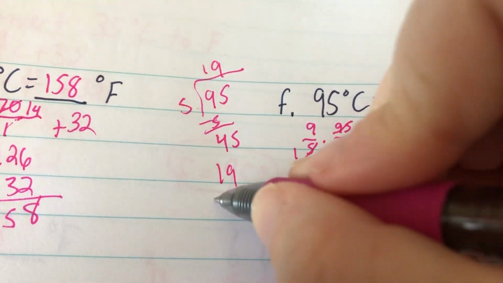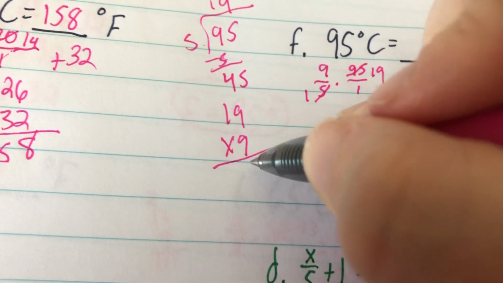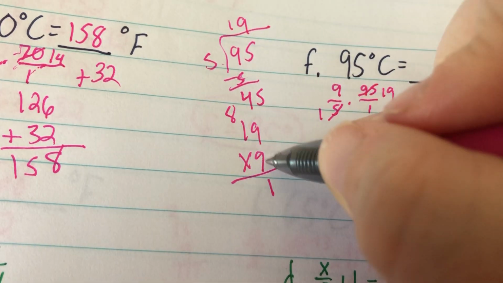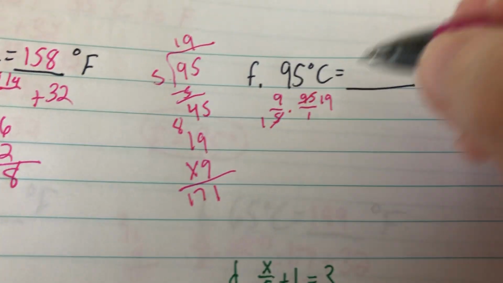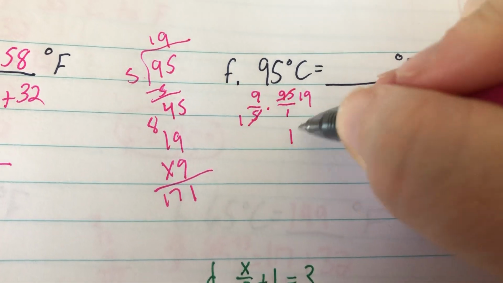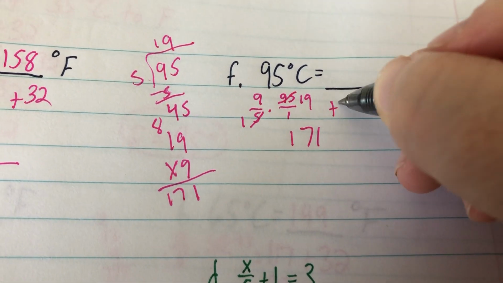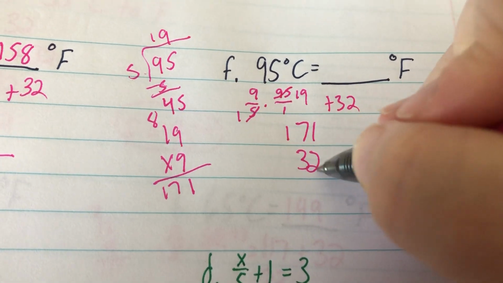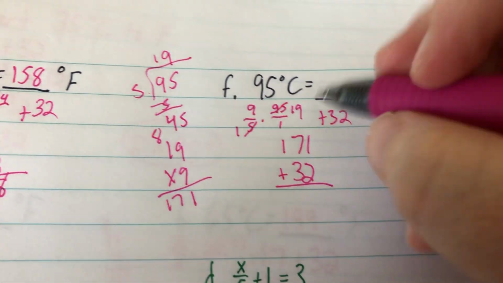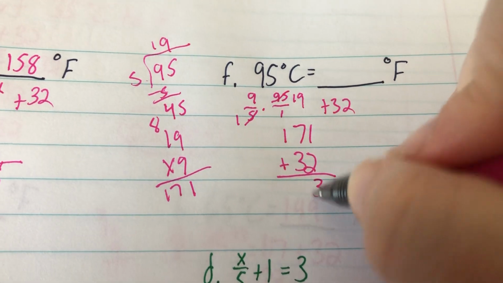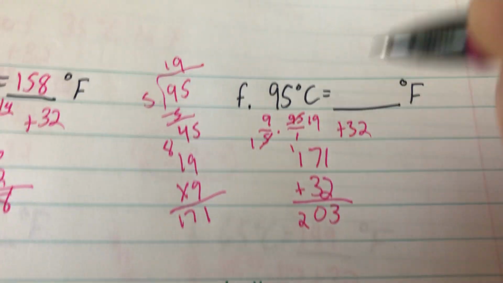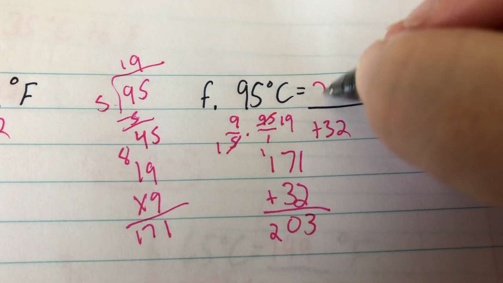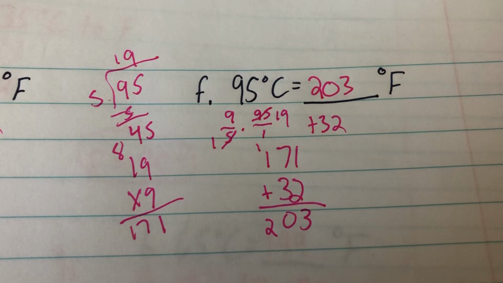Then 19 times 9. 9 times 9 is 81. 9 times 1 is 9. Plus 8 is 17. So it's going to be 171 plus your 32. 2 plus 1 is 3. 7 plus 3 is 10. 1 plus 1 is 2. 95 degrees Celsius is 203 degrees Fahrenheit.